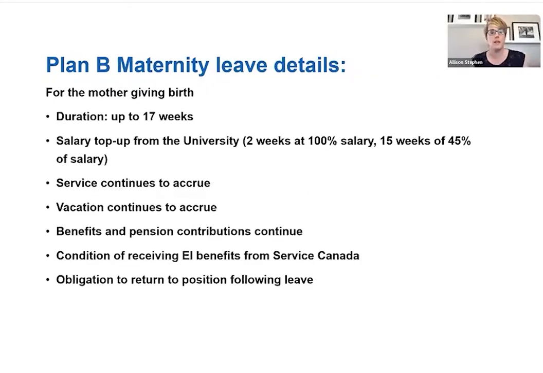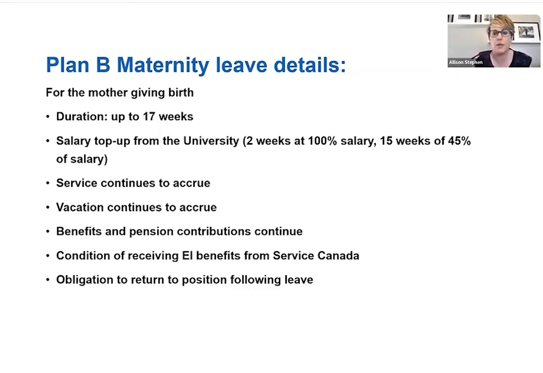So maternity leave Plan B is for the mother giving birth. The duration of the maternity leave portion is up to 17 weeks. And the university will provide salary top up. So we would give you 2 weeks of 100% of your salary while you're serving the waiting period.